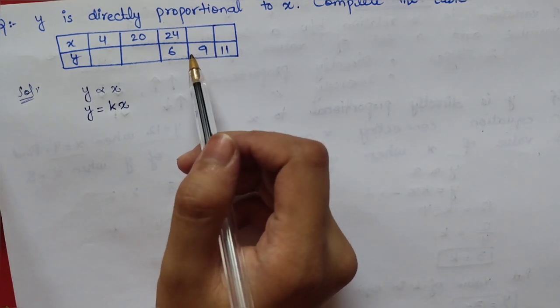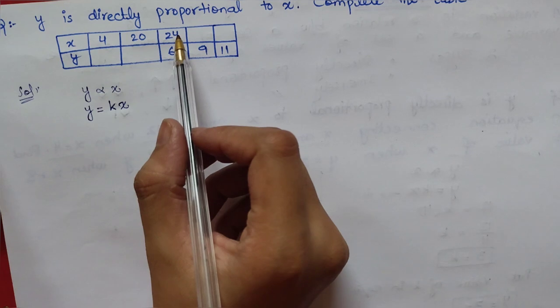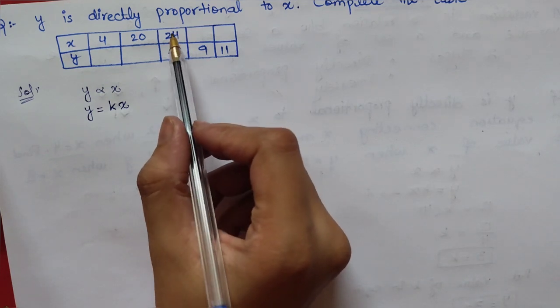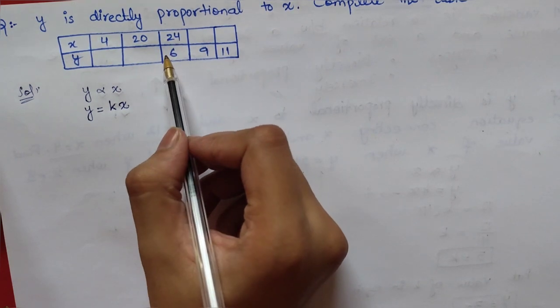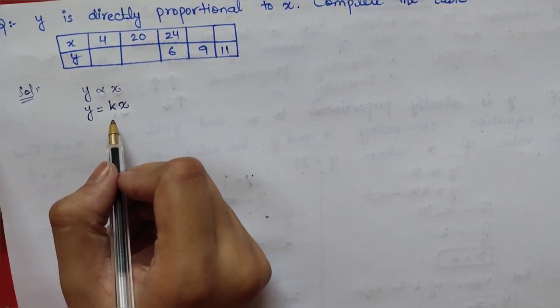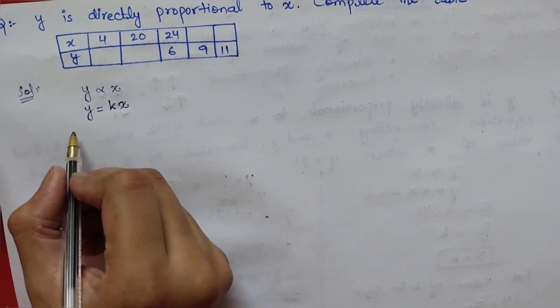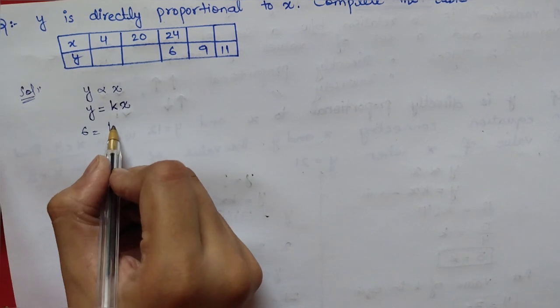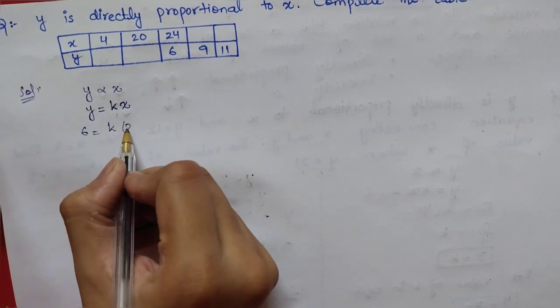In the table, there is one column in which both x and y values are given, so we put them both in this equation to find the value of k. We know that y value is 6, k is unknown, and x is 24.